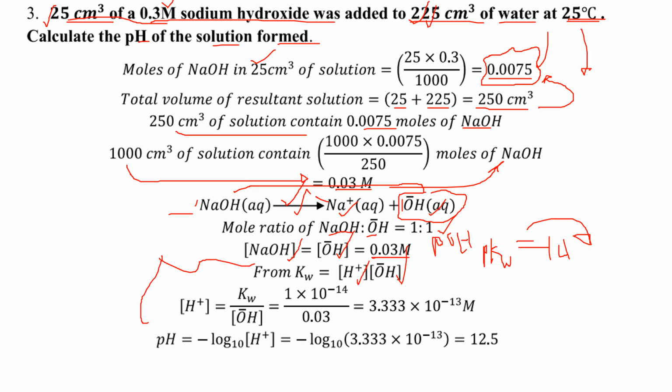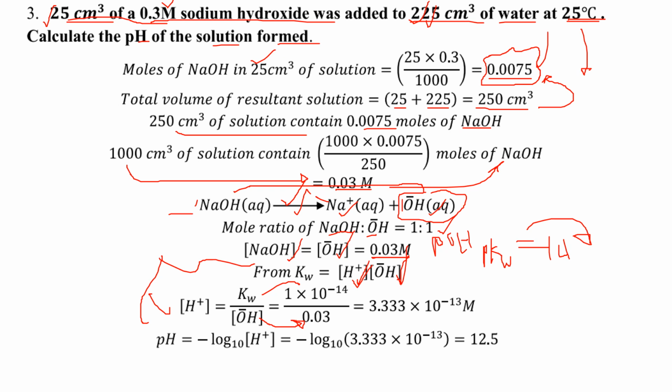So from the ionic product of water being equal to the molar concentration of hydrogen ions times the molar concentration of hydroxide ions, we make the molar concentration of hydrogen ions the subject. The ionic product of water is given as 1 exponential negative 14 divided by the molar concentration of hydroxide ions, which you got as 0.03 molar.